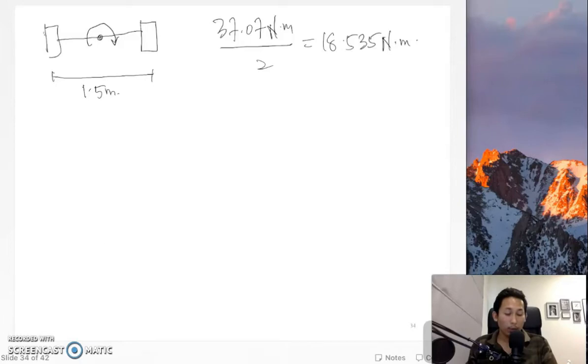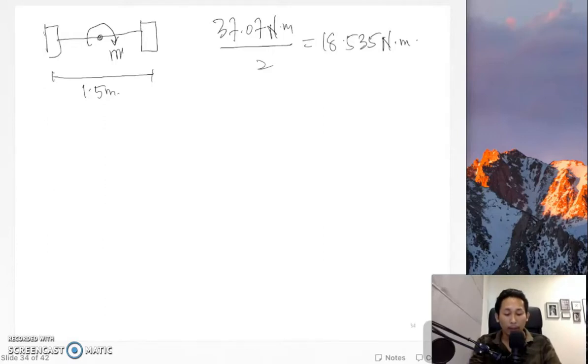The total moment for the equilibrium is, as I said before, the gyroscopic couple will act this way, and the reaction of the tire will act the other way.